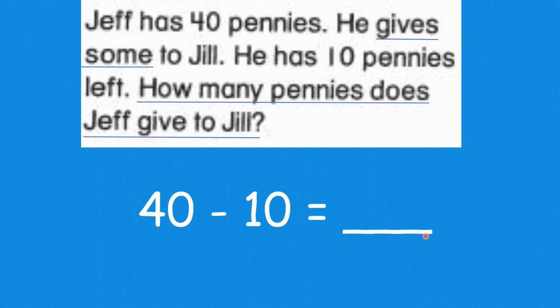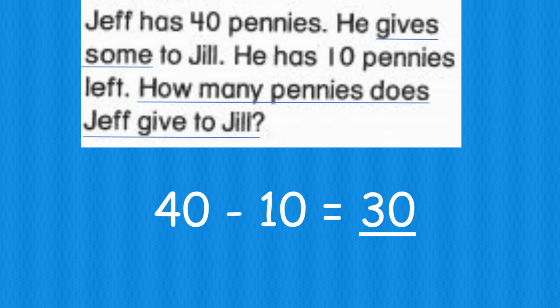I'm going to give you a second to go ahead and solve this without me. Okay, let's see if you got the same answer I got. The difference was 40 minus 10 equals 30.